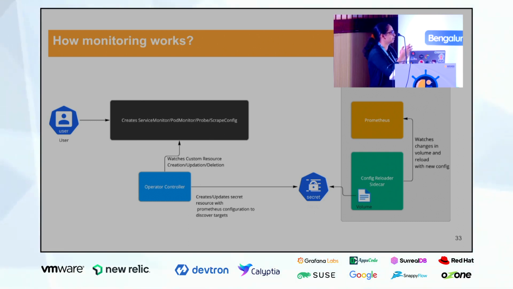This secret will be watched by the config reloader sidecar, which is how we deploy the Prometheus pod. So the Prometheus pod will have the Prometheus container as well as the config reloader sidecar. This sidecar will be watching this secret at regular intervals, pulling the secret object and updating the volume so that Prometheus can get these updated configs.